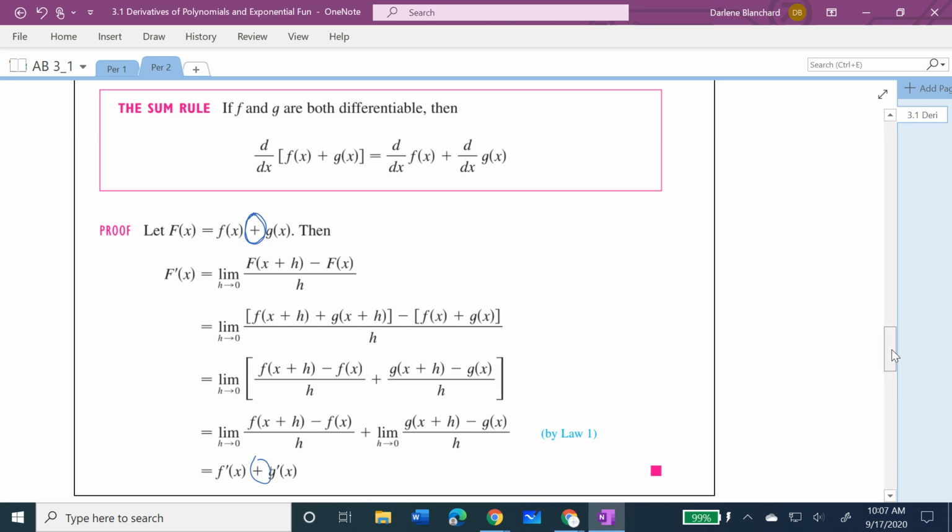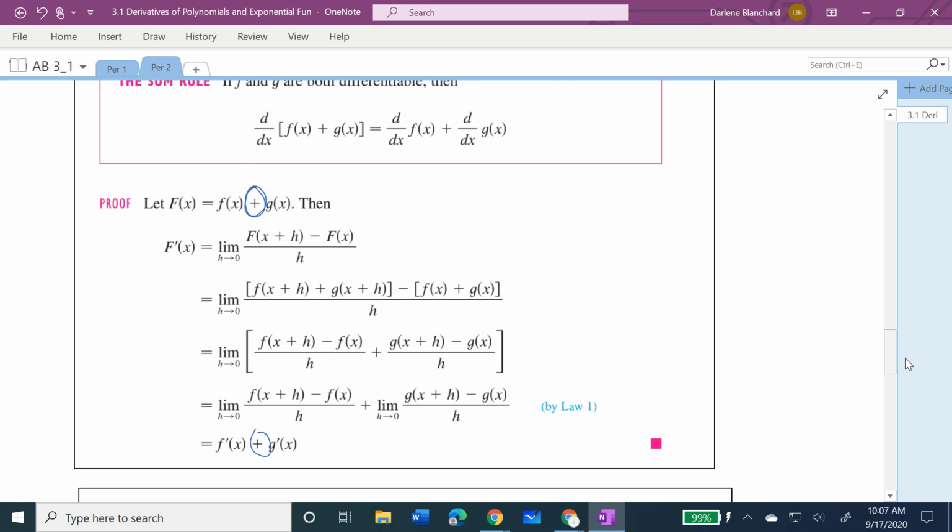So with that said, before I move to the next derivative formula, I'm going to give you a quick little example. Let's say I have 3x to the, I don't know, 6th power minus 8x squared plus 2x plus 5. What do you think is the derivative?